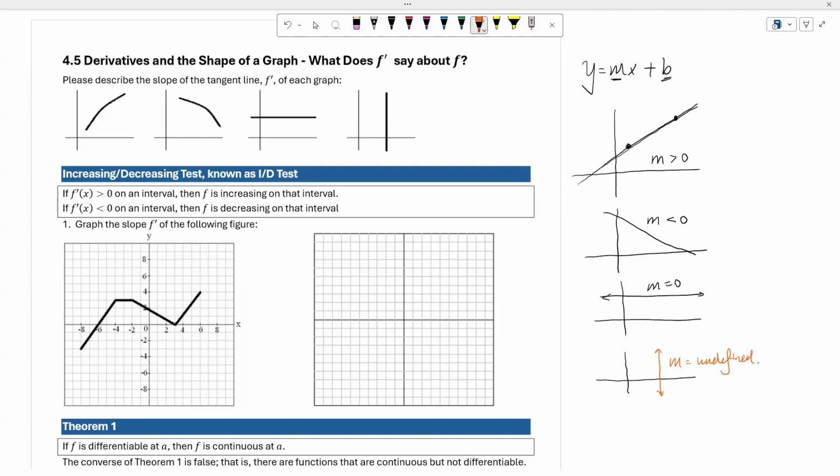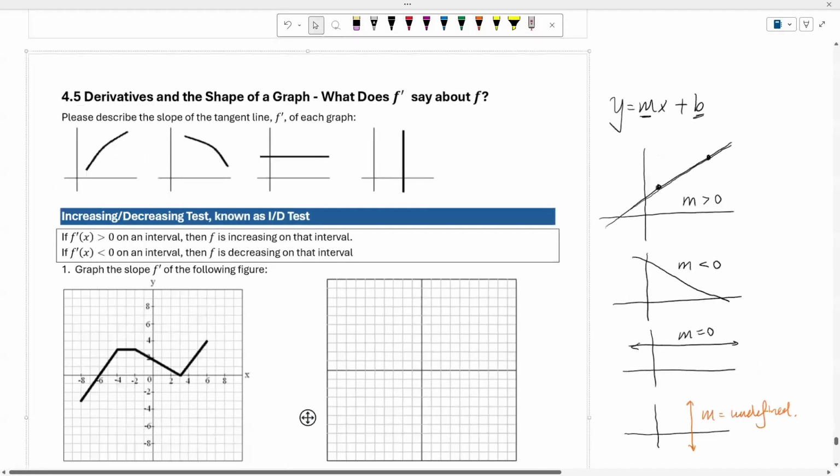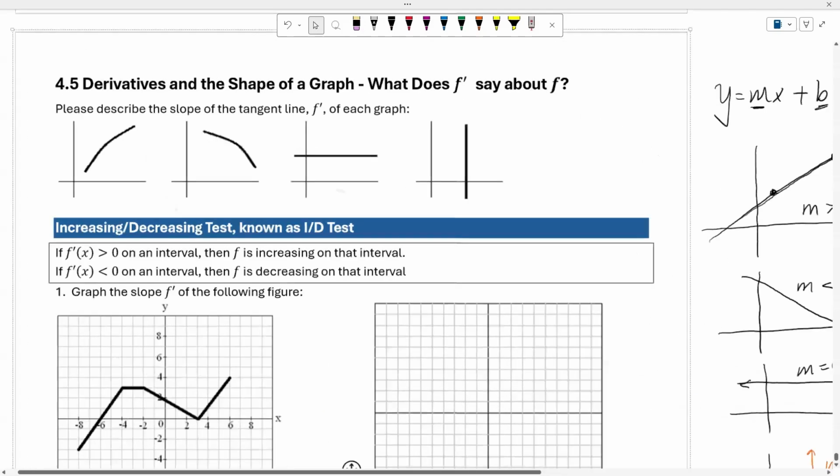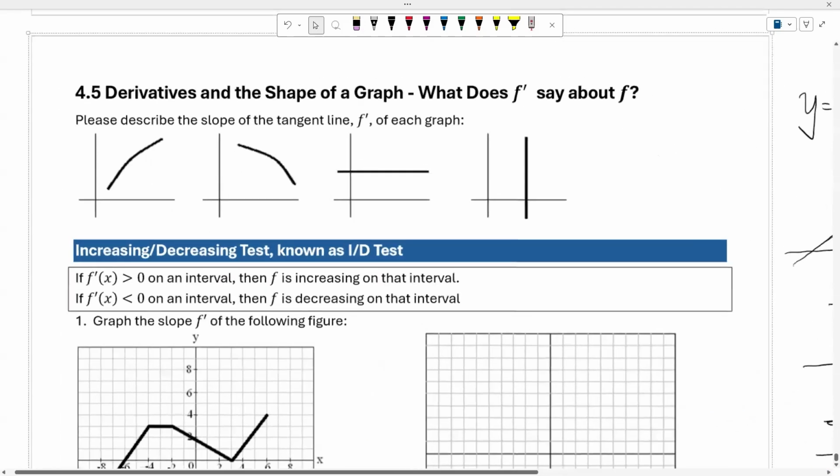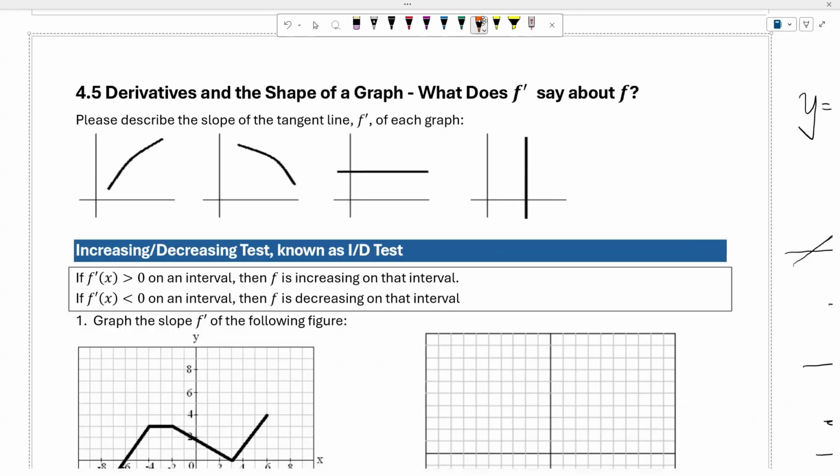Now let us look at the following graphs. The first graph we have is an increasing function. How do we know that it's increasing?